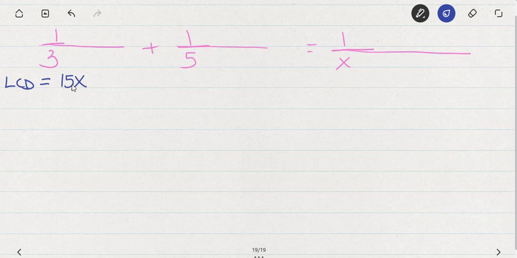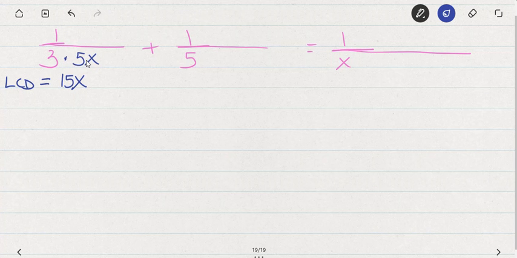So in other words, we look at this 3, and say if we wanted the 3, 5, and x to all be identical, what would we need to factor in to the 3? We'd need to multiply in a 5 and an x, because we have a 5 here and an x here.